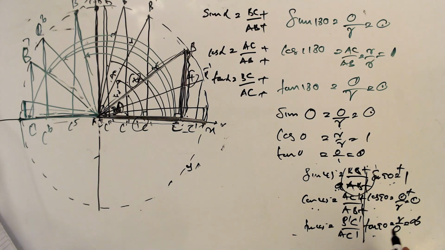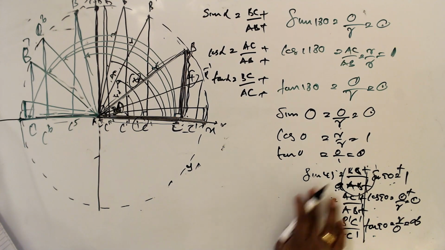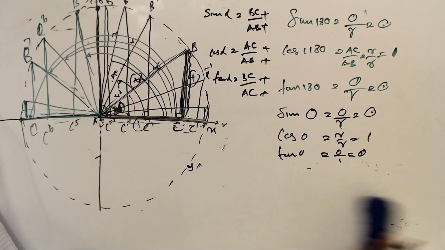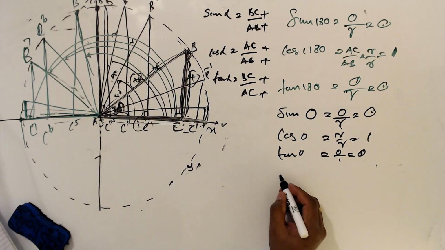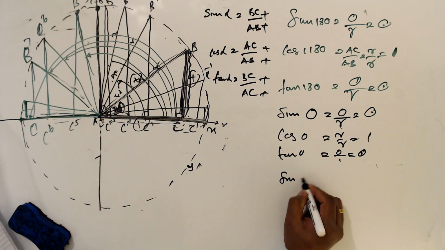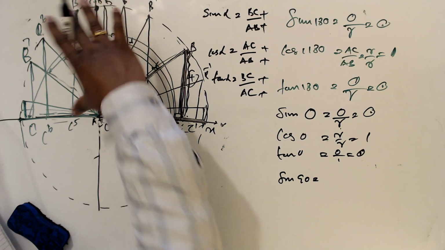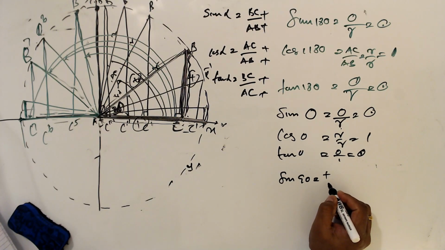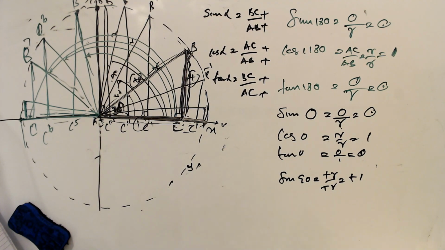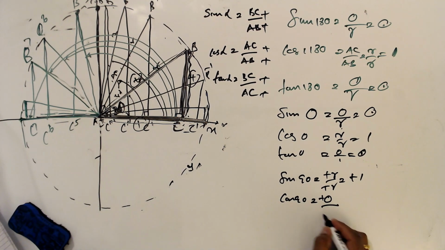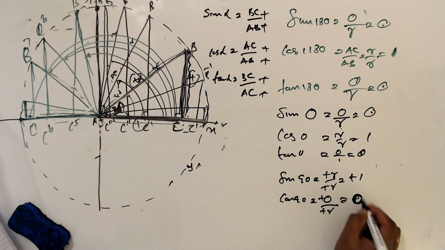Let me rewrite. Sine 90 means opposite divided by hypotenuse, both the same and both positive, positive r and positive r, so the answer is positive 1. Cos 90 is 0 positive over r, so that is 0.